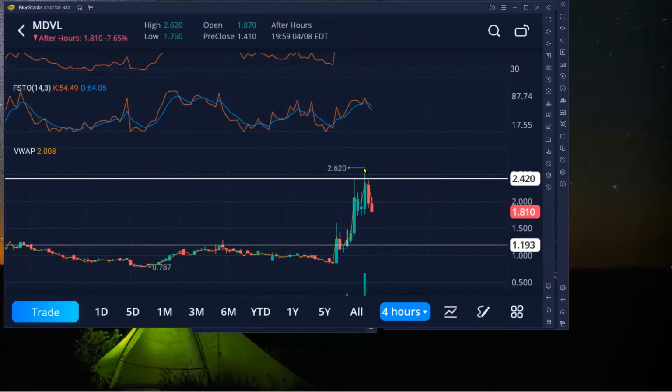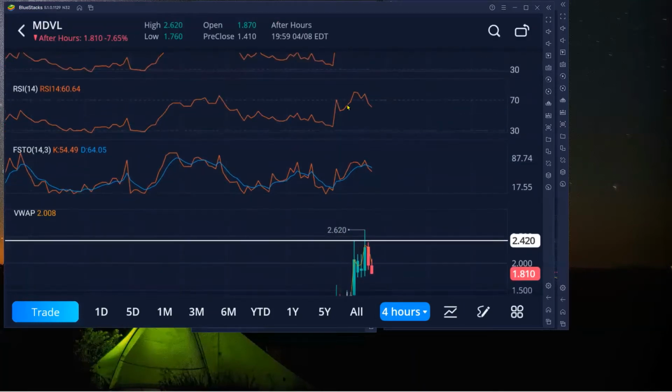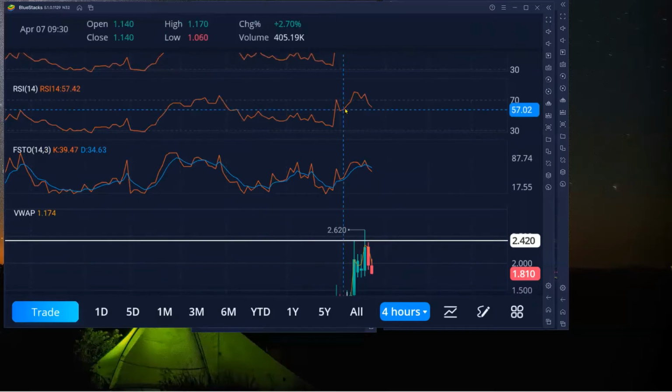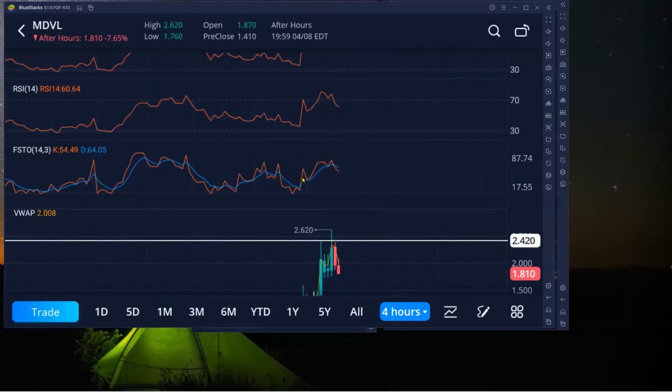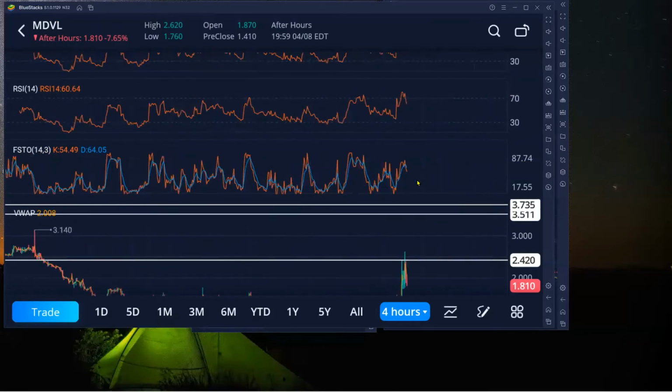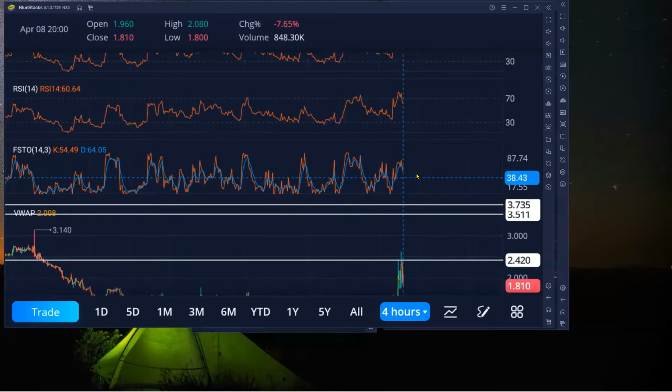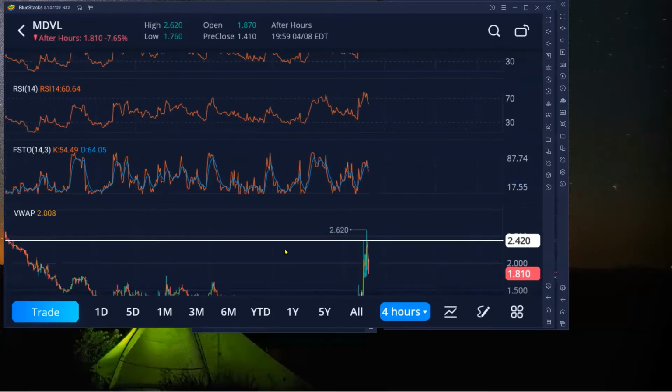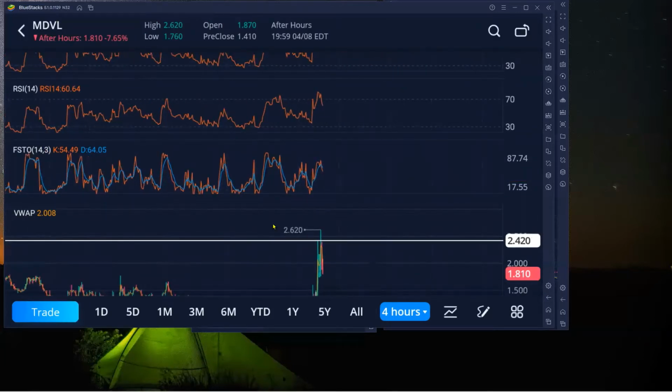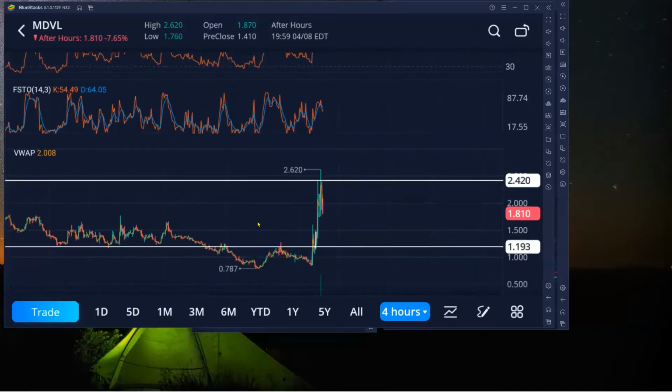But what caught my attention the most was RSI. RSI did not go to overbought territory yet, and we saw the stochastic also didn't go back to overbought territory, because if you zoom out, it was around this peak here that it started the 160, and I noticed that it had a lot of potential to run right here.